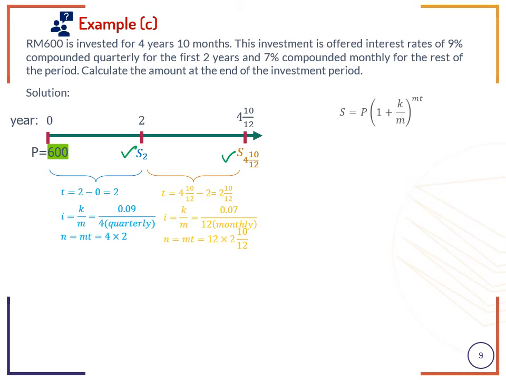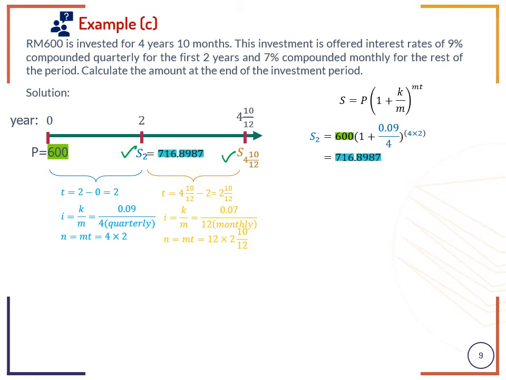Apply the formula of S equals P multiply (1 plus K over M) power of MT. For S2, replace the value of P with 600, replace the value of K with 0.09, replace the value of M with 4, and replace the value of T with 2. So S2 is equal to 716.8987.